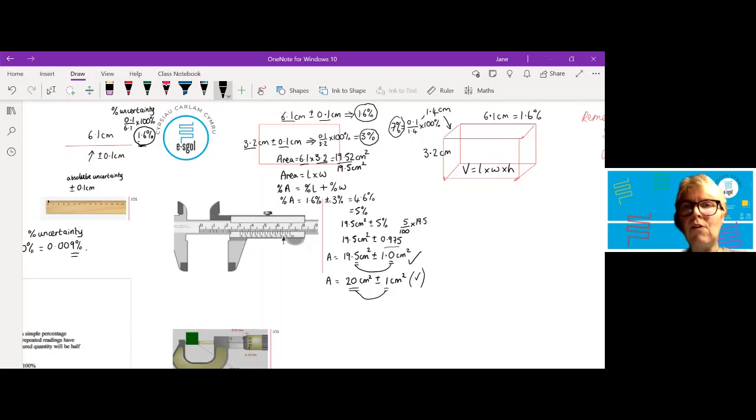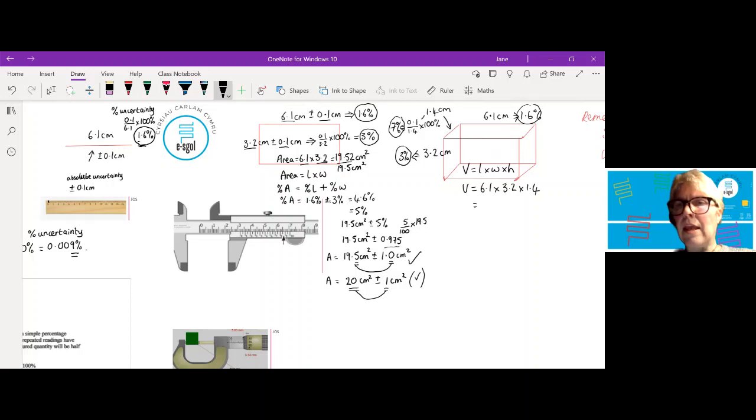Okay, so 3.2 goes to 3%. We'll notice my significant figures: I've got 1 there, and I've got 2 there. So the volume, let's calculate that: 6.1 times 3.2 times 1.4.